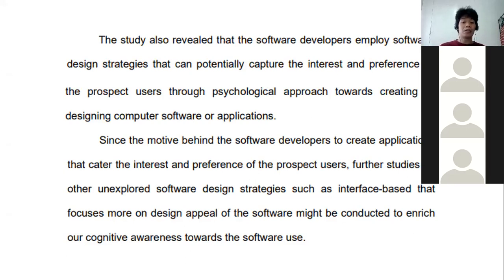Since the motive behind the software developers is to create applications that cater to the interest and preference of the prospect users, further studies on other unexplored software design strategies, such as interface-based that focuses more on design appeal of the software, might be conducted to enrich our cognitive awareness towards the software use.